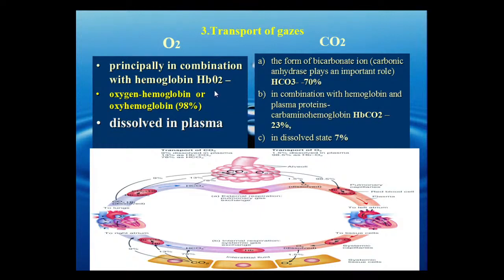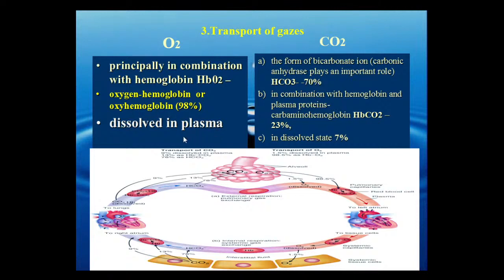Maybe you know, not maybe, you should know already that hemoglobin is included in its molecule, a substance in erythrocytes, and oxygen principally is transported in combination with this hemoglobin. Such association we name as oxygen hemoglobin or oxyhemoglobin.